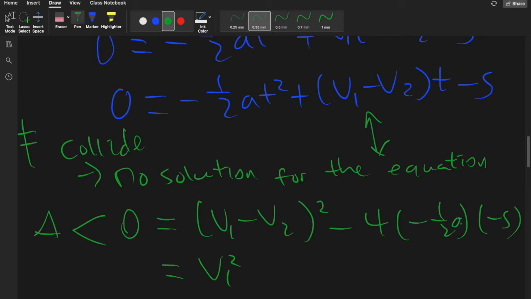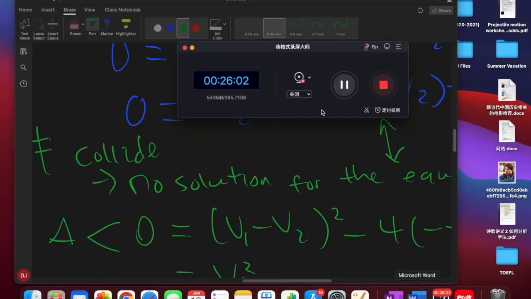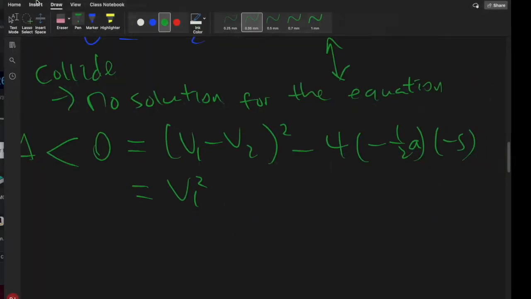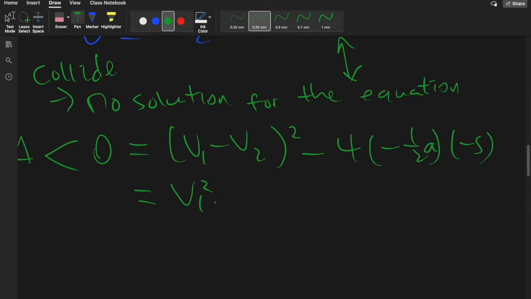Oh, here I also left out an acceleration. v1 squared minus 2 v1 v2 plus v2 squared. So here 2a and negative 2as.